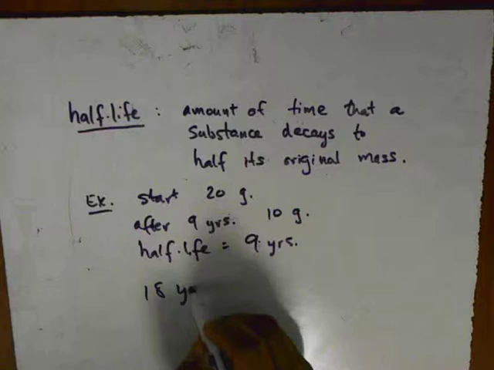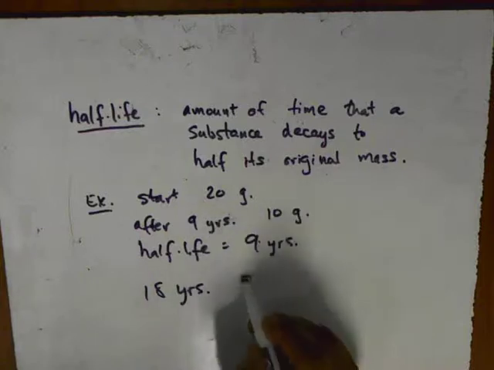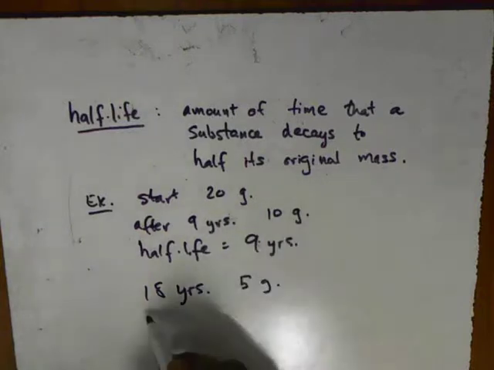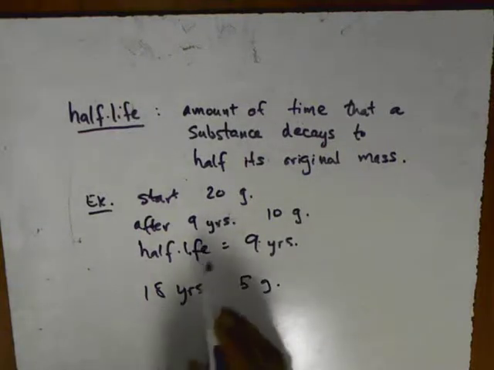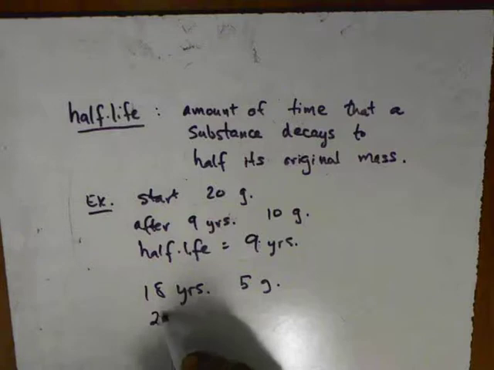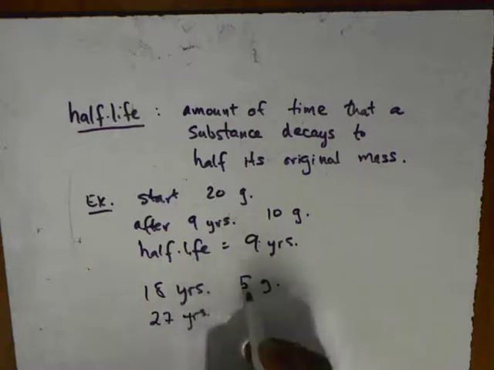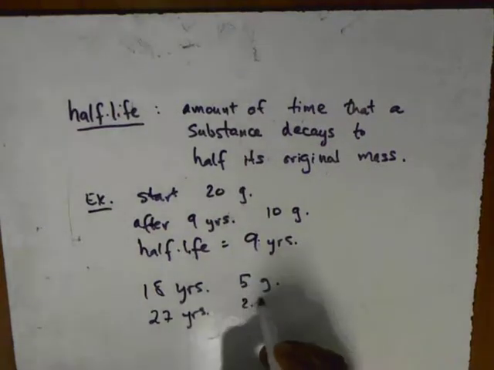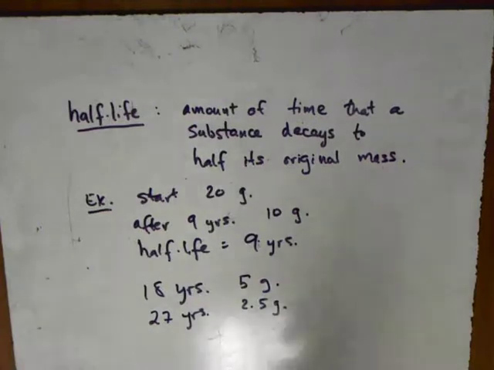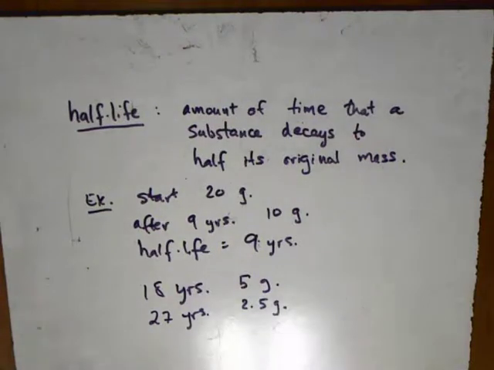In 18 years, I'm going to have half of this, so I have 5 grams. In another 9 years, in 27 years, I'm going to get half of this, which is 2.5 grams, and so on. Okay, so that's just a quick introduction or review of half-life.